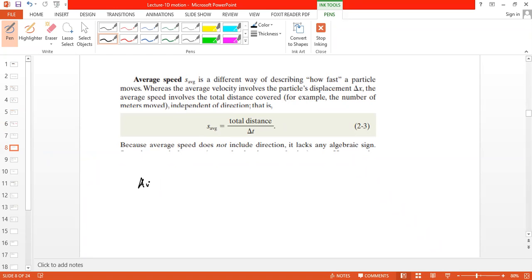So average speed is distance over time, whereas average velocity means displacement over time.